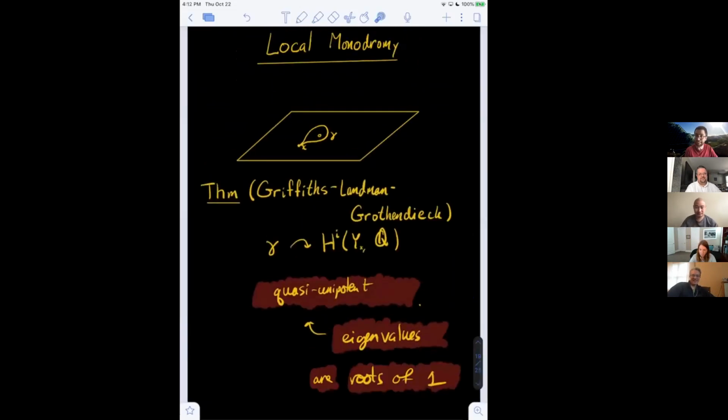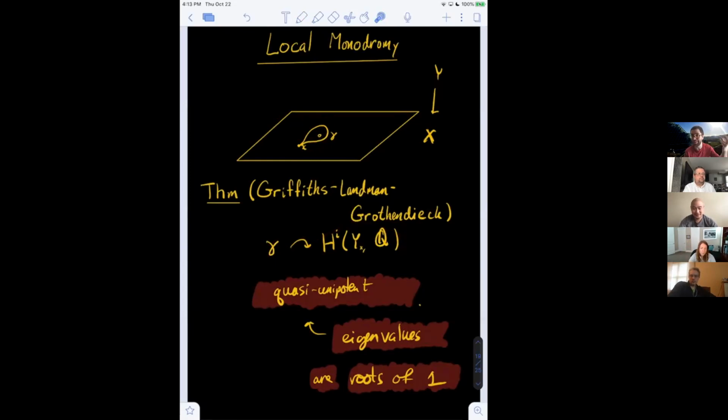Okay, so this is an incredibly special matrix. Most matrices don't have eigenvalues which are roots of unity. So what is this saying? For example, imagine that I had a map Y to X, and imagine X was just the complex plane minus a point. Then there's only one interesting loop, the loop around that point, and the question is how that loop acts on the cohomology of a variety.